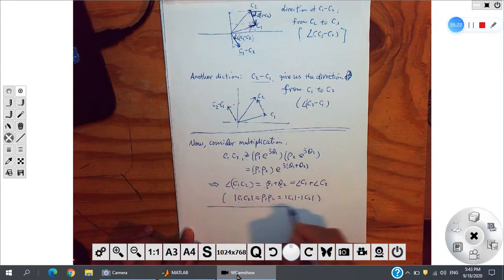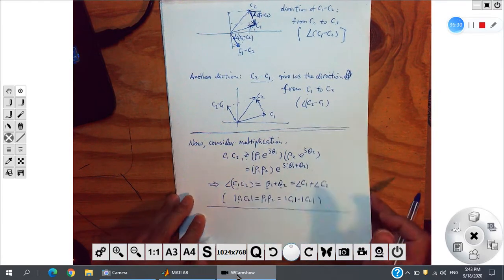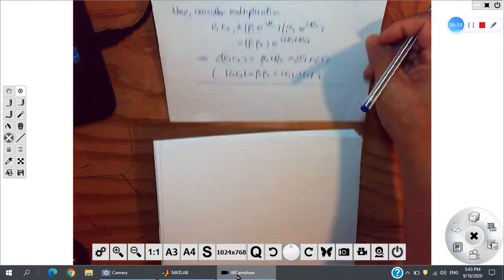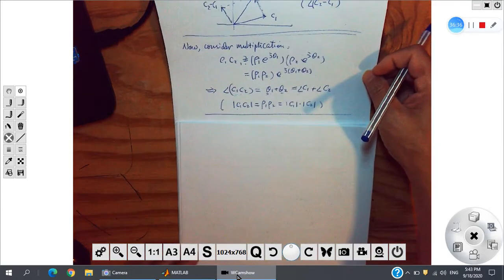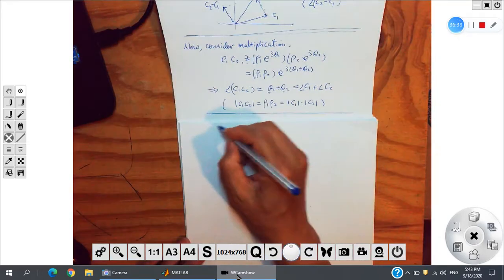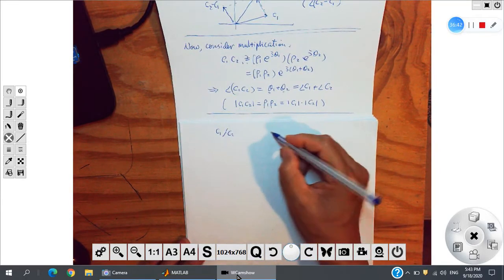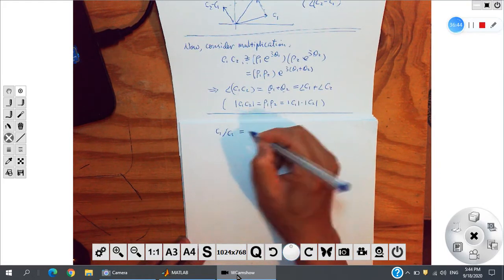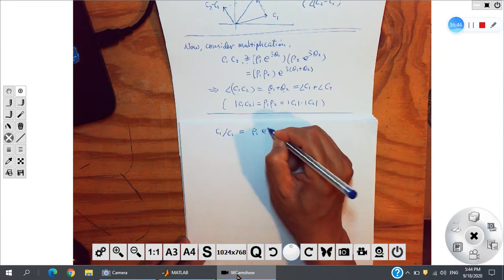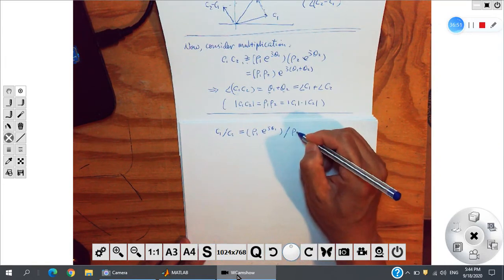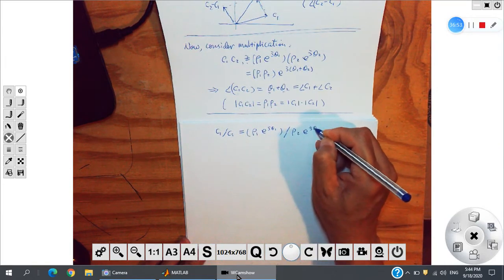And then a similar thing: when we do C1 over C2, we divide one by the other, C1 divided by C2. That will be rho 1 e to the j theta 1 divided by rho 2 e to the j theta 2.